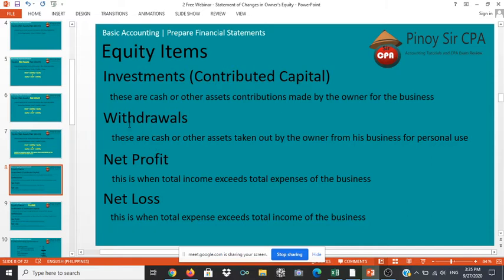W stands for withdrawals. I, investment. L, loss. So ito yun, PROWIL. So we have net profit, W stands for withdrawals, I stands for investment, and L stands for net loss. So what are the equity items?